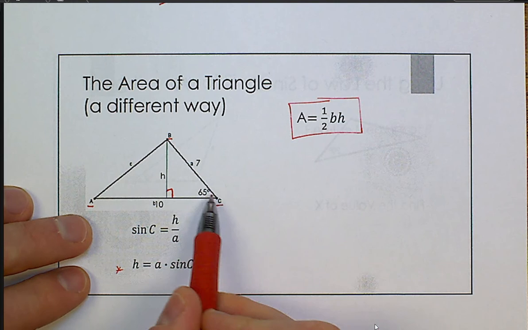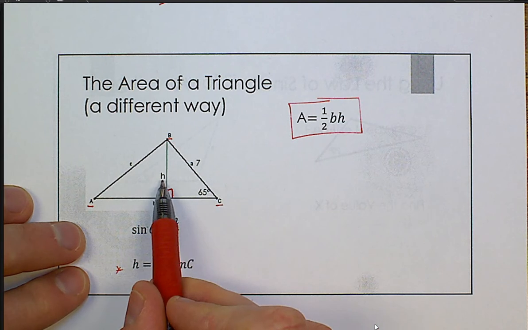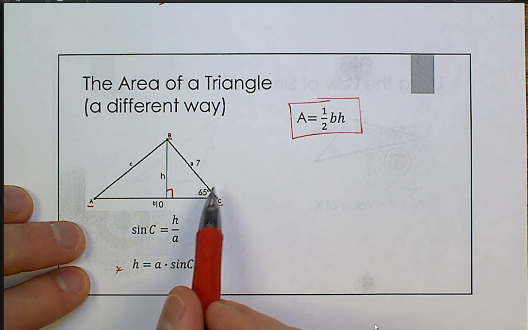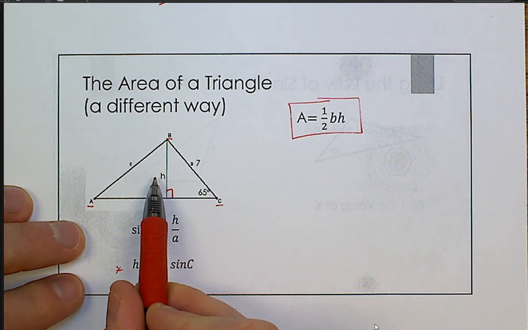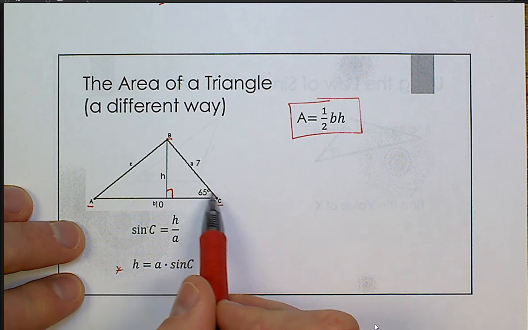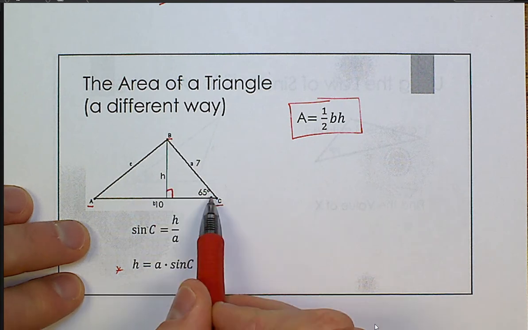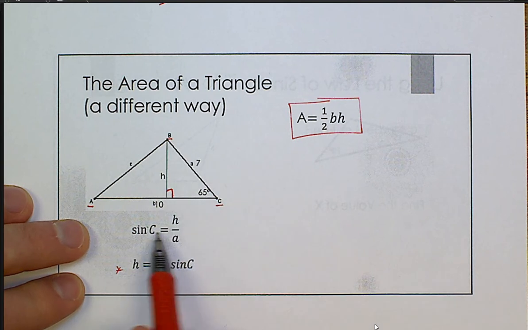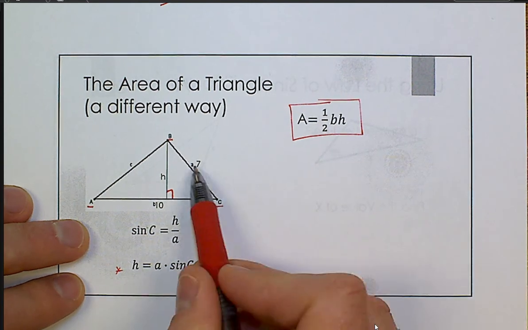Because if I can find the height, then I can plug it back in here. If I go opposite over hypotenuse, so h over 7, I get the sine of C, which is opposite over hypotenuse. Sine of C equals h over a. a is 7, I didn't put the numbers in.